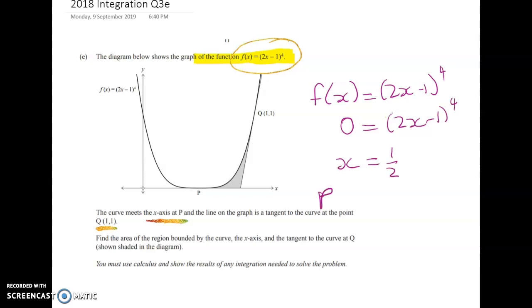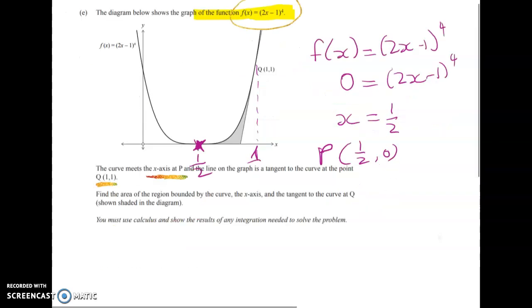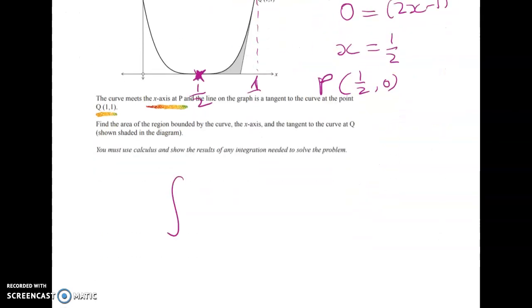So point P has coordinates 1/2 and 0, and that's going to give us one of my limits of integration there, and the other one is going to be here at x equals 1. So we know that we're going to need to find the following integral from 1/2 to 1 of (2x minus 1) to the power of 4, integrated with respect to x, minus the area of the triangle.